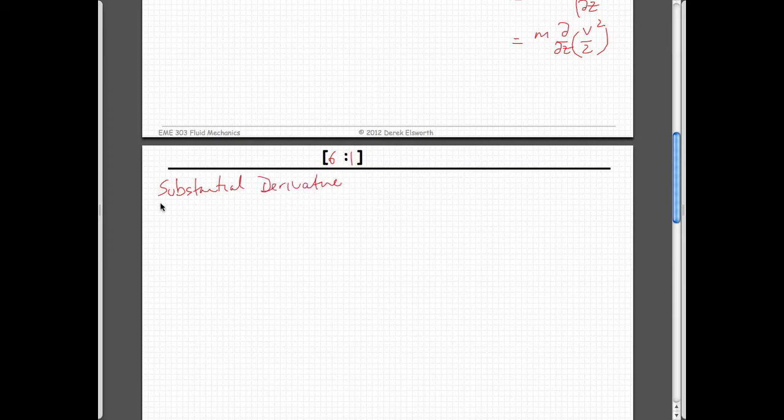and this is important because it revolves around frames of reference. So if we look at a scalar system, it could be, for instance, the change in pressure with time.